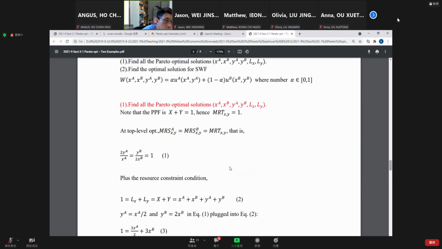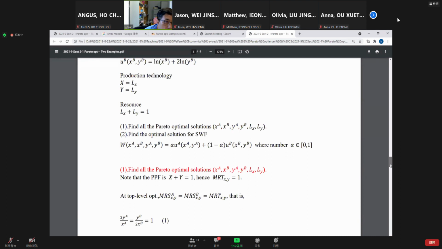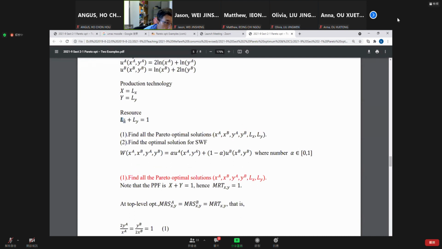Okay, here it is. So firstly, let's identify how the PPF looks. The PPF is rather simple because this number equals X, this number equals Y, because X equals Lx. So therefore, the production possibility is X plus Y equals L. So if we want to produce one more Y, we have to give up one more X. So therefore, dy over dx equals -1.